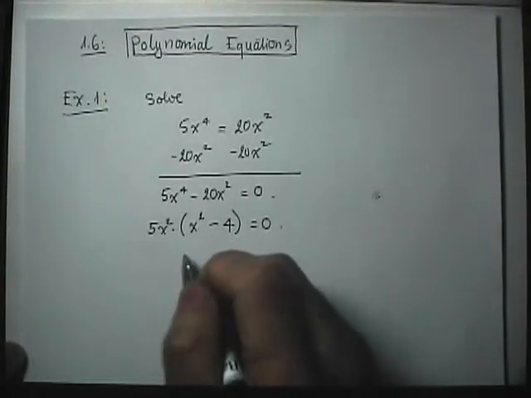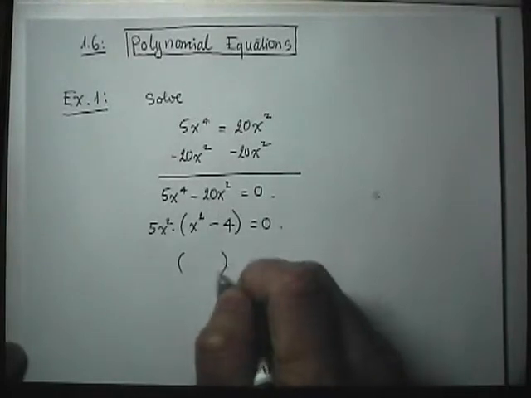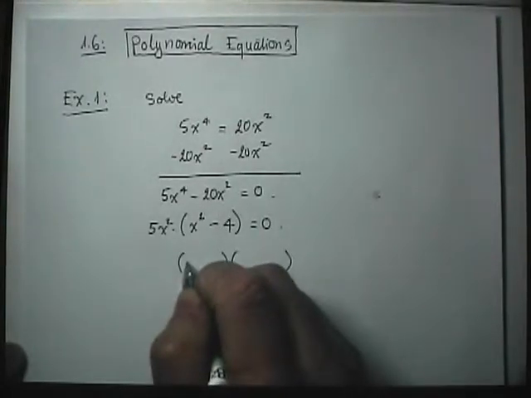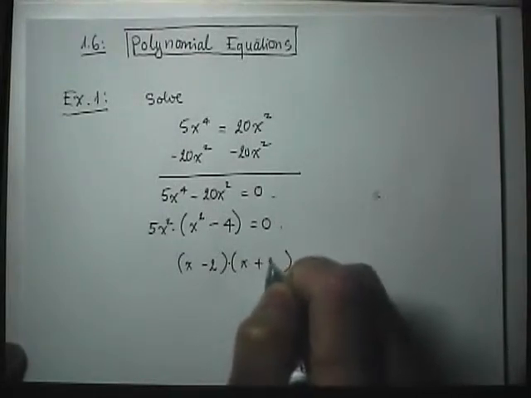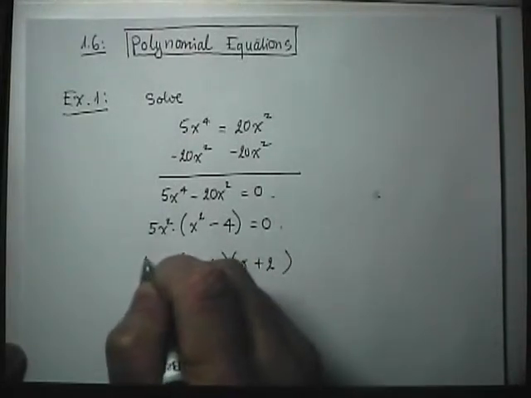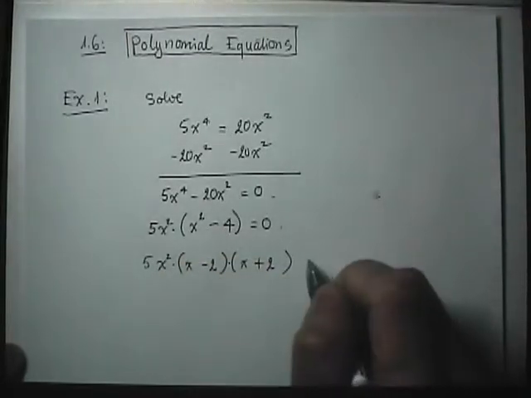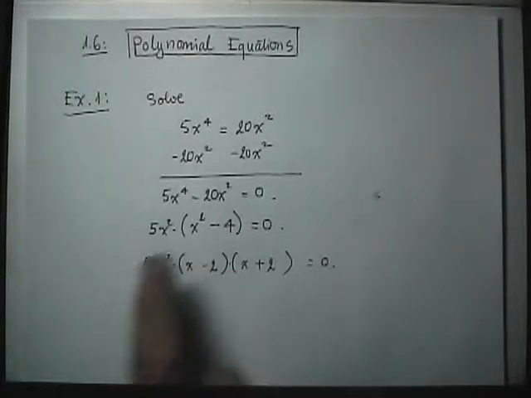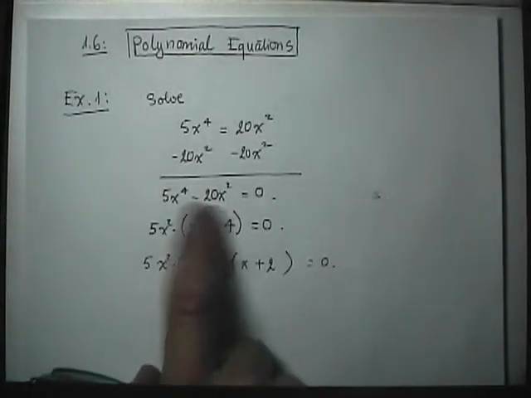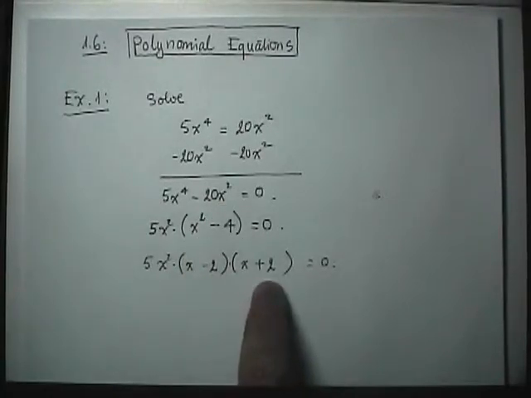So x squared minus 4 factors into x minus 2 times x plus 2, with 5x squared in front, and that equals 0. Now you have completely factored your starting polynomial, 5x to the 4th minus 20x squared.